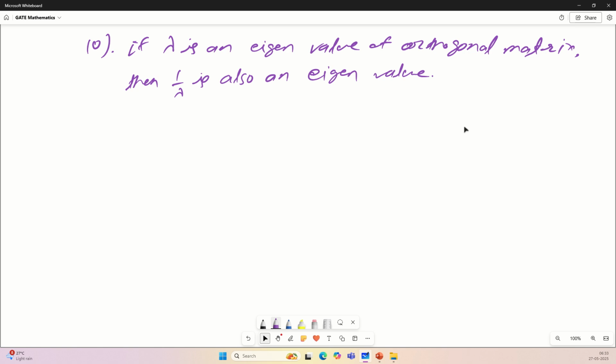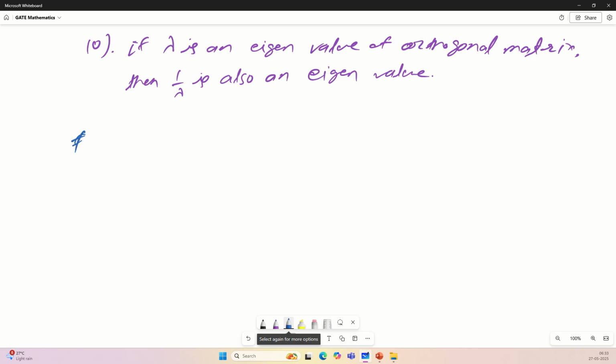Now let us take another property. Let us talk about this: the eigenvectors corresponding to distinct eigenvalues of a symmetric matrix are pairwise orthogonal. Okay. This is a very important statement because several times GATE has asked questions based on this.